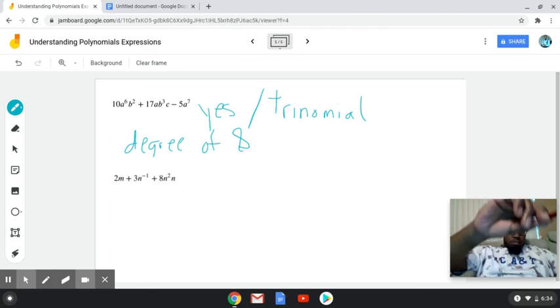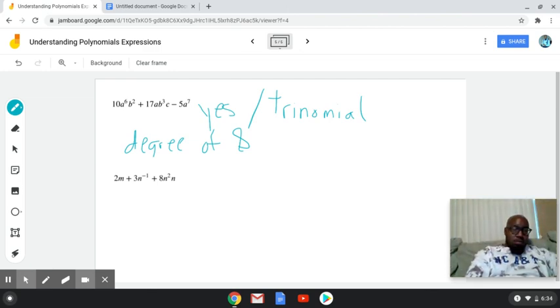Alrighty, lastly, is the algebraic expression a polynomial? If so, classify by name, and then give me the degree. No, it is not, and the reason why is because of this term right here.